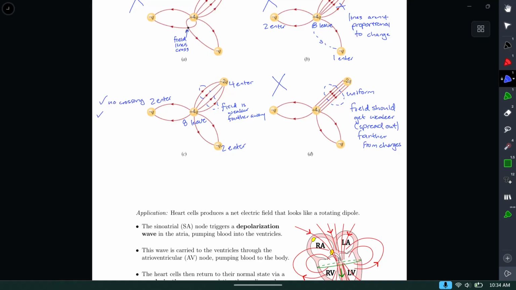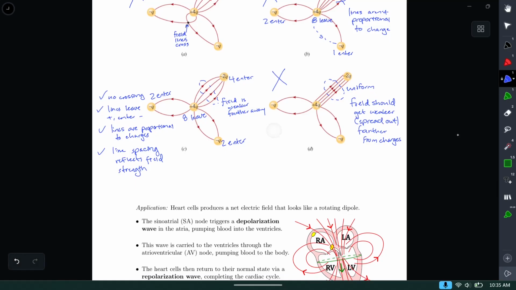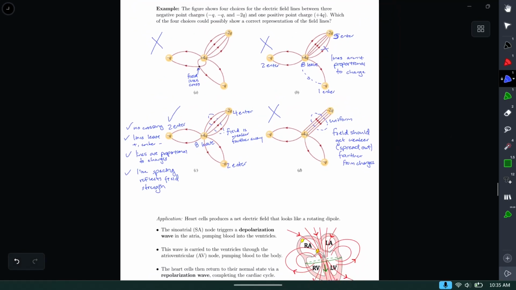We've got that the lines leave positive and enter negative. We've got that the lines are proportional to charges, and we've got that the line spacing reflects the field strength. So that is a pretty good sketch.